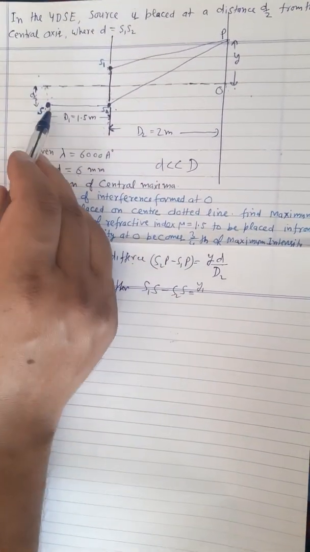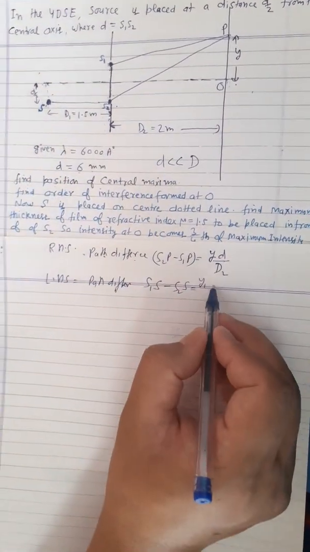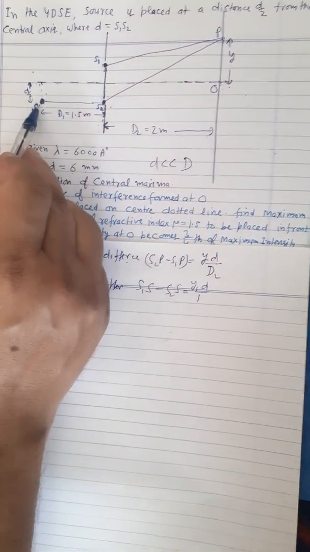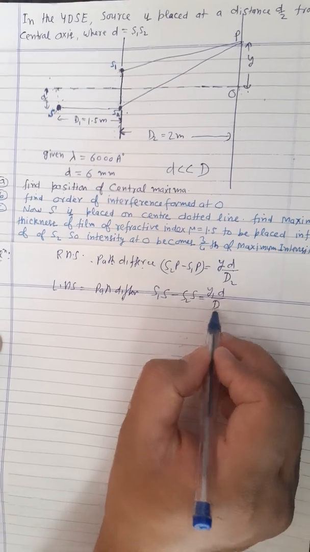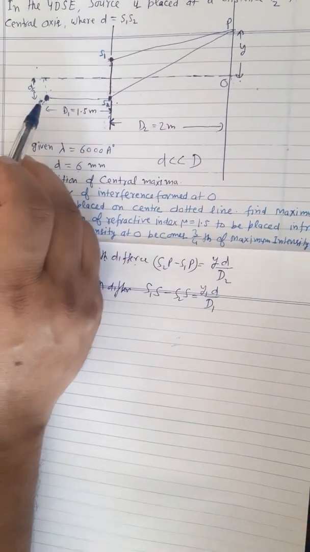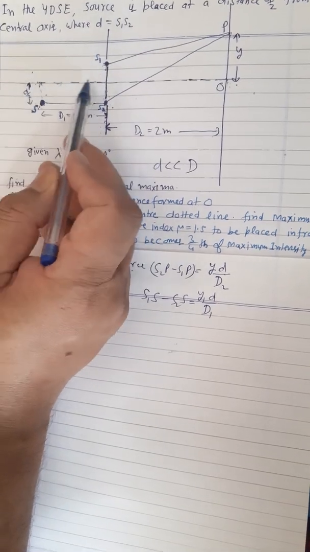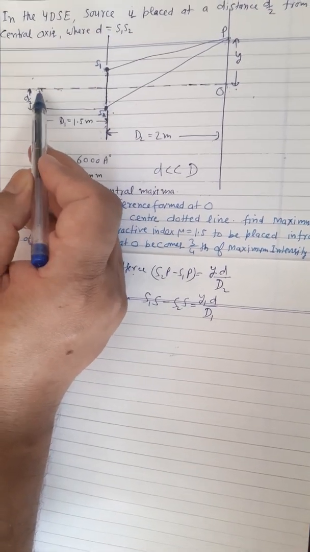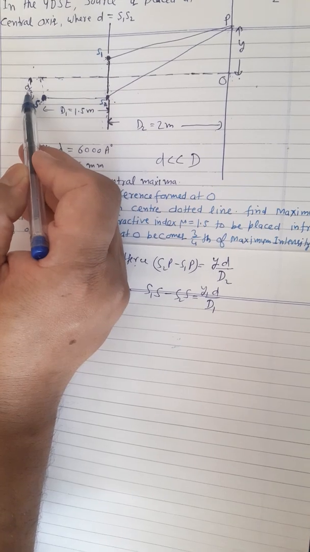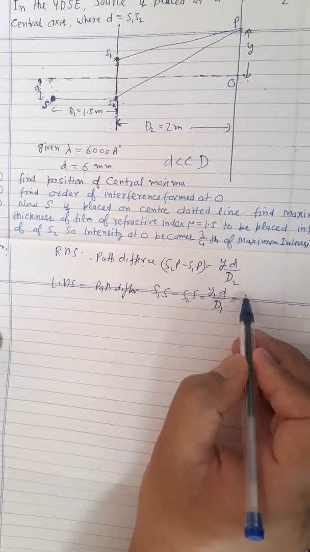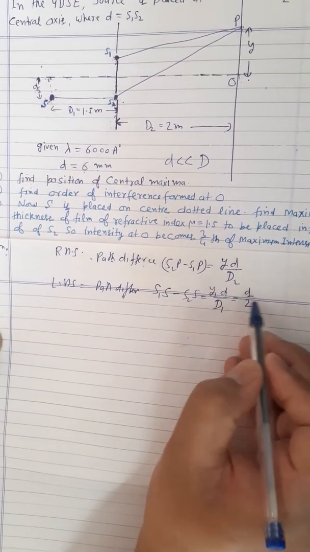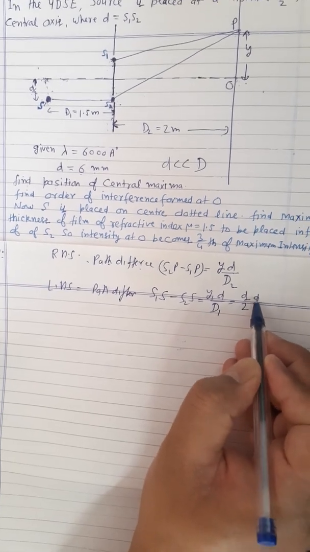So Y1, d is the distance between the sources, upon the distance here, D1. Y1 is from the center position. What is the displacement? That is d by 2. So Y1 is equal to d by 2 into d upon D1.